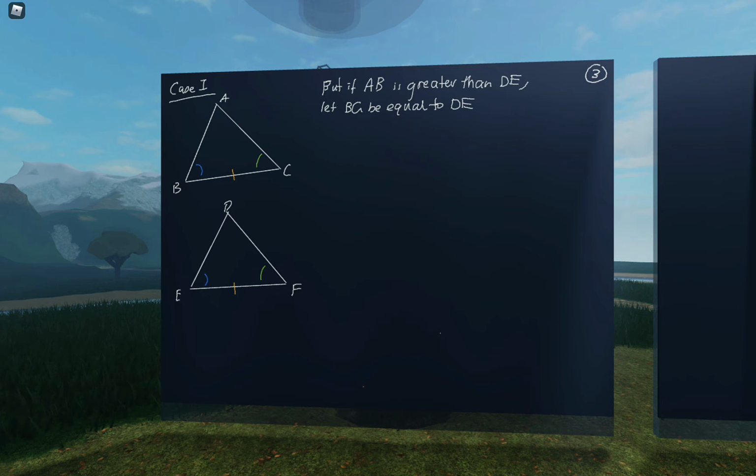So introduce G here with BG equal to DE. I can do that by, oh, actually I forgot what proposition this is. Let me just find it. Yeah, proposition 2.